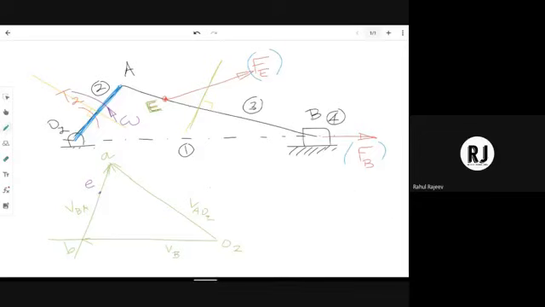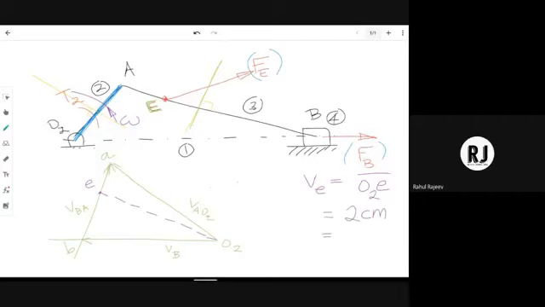So now, in order to find the velocity of E, what we have to do? We have to join e with the fixed point O2. So the velocity of point E will be the length of vector O2e. I'm just assuming O2e to be around 2 centimeter.